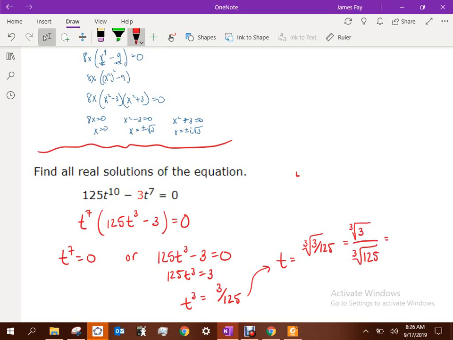Does anybody know what number I multiply by itself 3 times to get 125? 5. So I get cube root of 3 over 5. That's one solution. The other solution over here, take the 7th root of 0, and you just get 0.